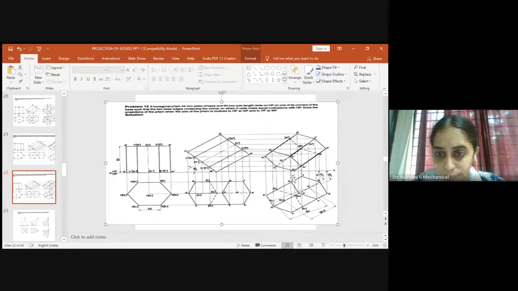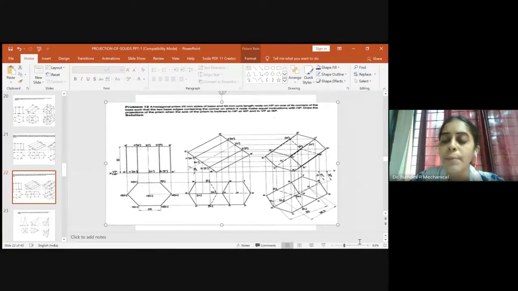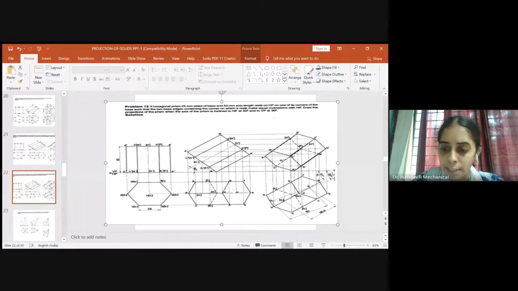So kindly listen. You have to take normally the inclination with respect to VP. What is the angle? You will take 30 degrees to VP as per the given question. You can take 30 degrees in this way or this way based on the space availability you have. Here I'm just taking 30 degrees.